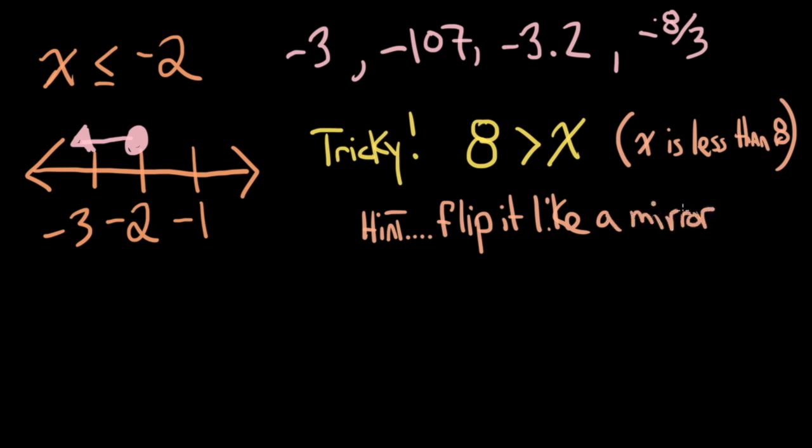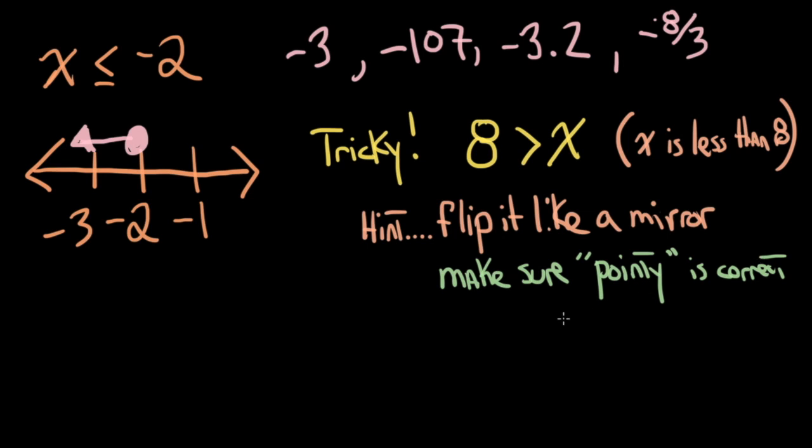And my double hint is flip like a mirror and make sure the pointy part is correct. Either the pointy part or the alligator. What am I talking about? Pointy part or alligator? Well, here we go.